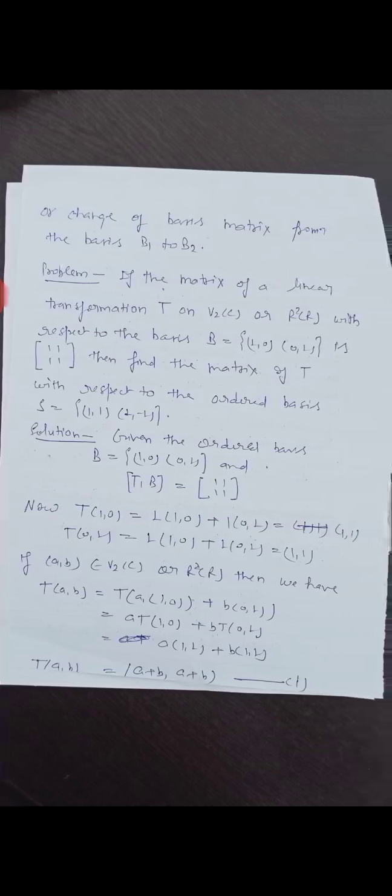If the matrix of a linear transformation T on V2(C) or R squared (R) with respect to the basis B = {(1, 0), (0, 1)} is [[1, 1], [1, 1]], then find the matrix of T with respect to the ordered basis S = {(1, 1), (1, -1)}.